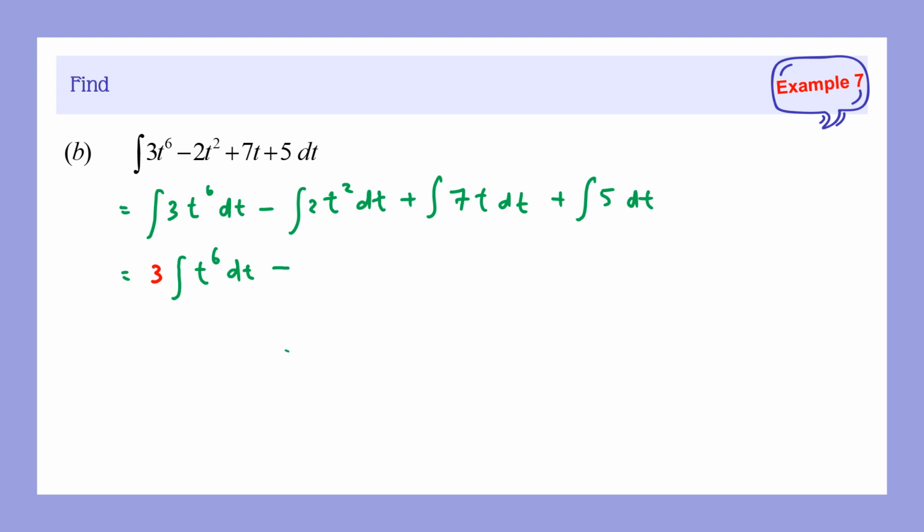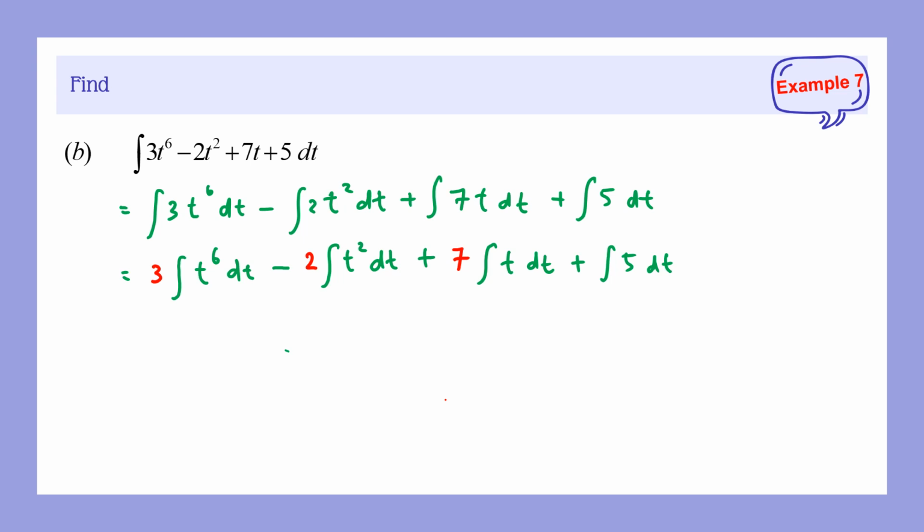We also have the constant 2, we can bring out 2, so 2 times the integral of t squared dt. Then we continue plus the integral of 7t dt, we bring out 7, so we get 7 times the integral of t dt, then plus the integral of 5 dt.